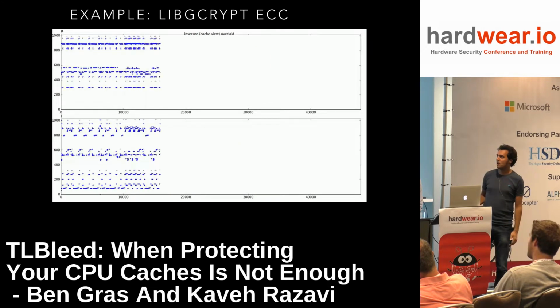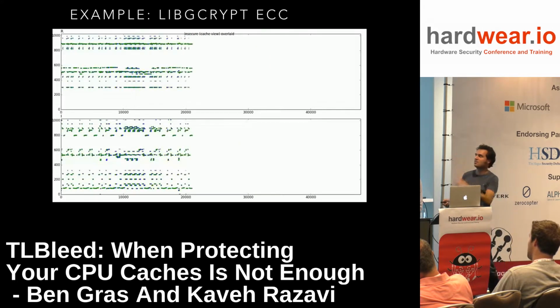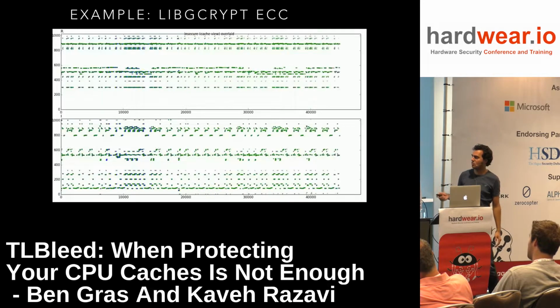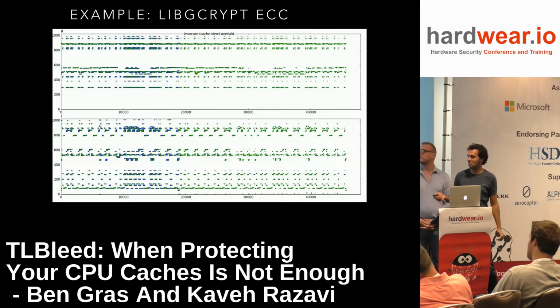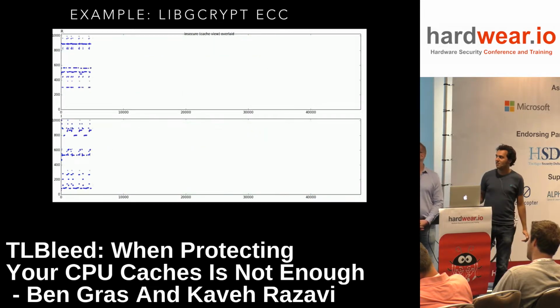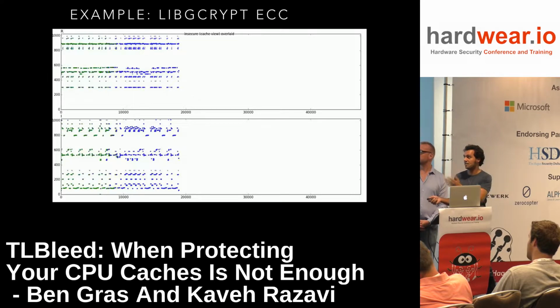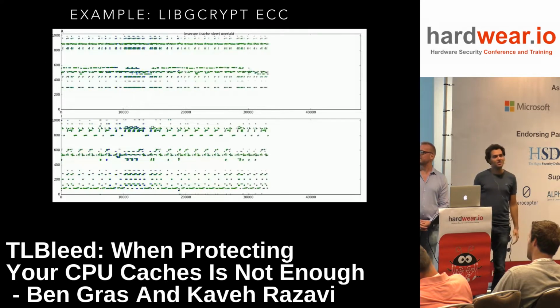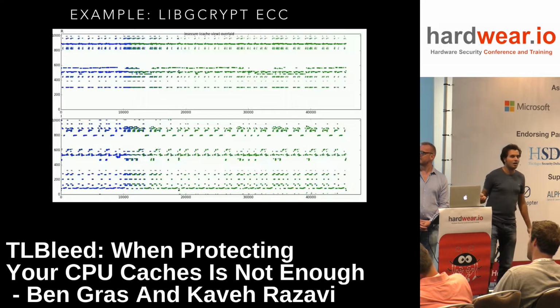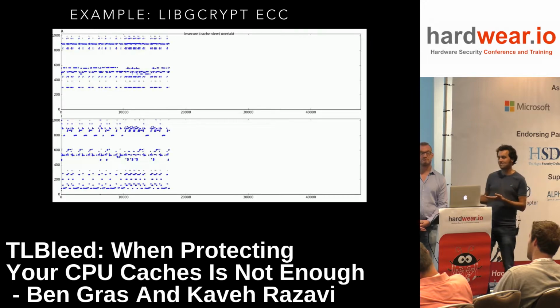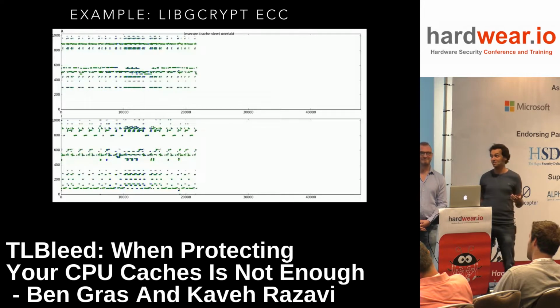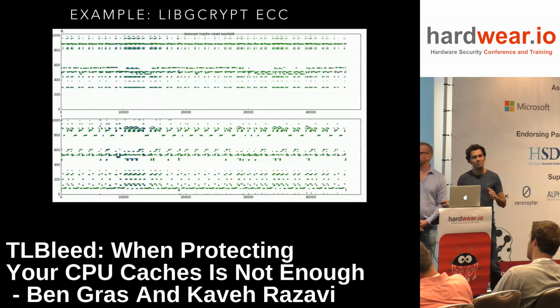By the way, the upper part is data, I think, and the lower part is code. Here you can see that the blue part is when the bit is 0, and the green part is when the bit is 1, so the operation takes longer. It might not immediately be obvious to you, so you need to do some statistical analysis, and Ben gives an example of this when he talks about his TLBleed attack. The only thing you need to believe me on is that there is a difference between these two.